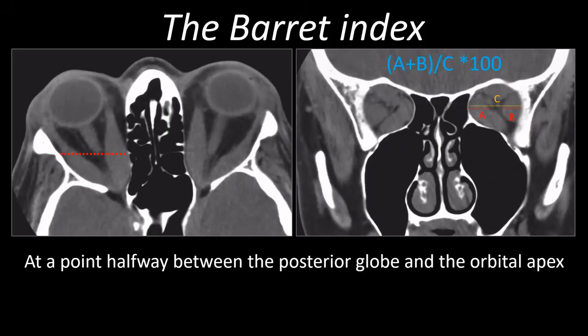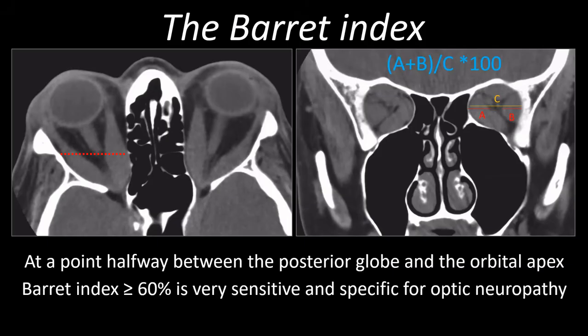So you do A plus B and divide it by C. So you take the width of the medial and the lateral rectus muscles and you divide it by the width of the orbit at the level of the optic nerve. So a line running through the optic nerve. And then you multiply that by 100, then you get a percentage. And that is basically the Barrett index.